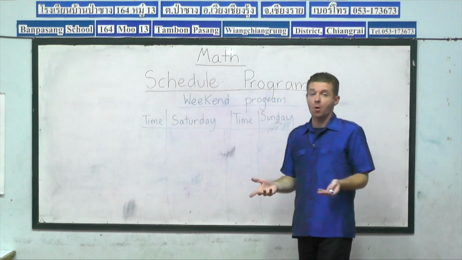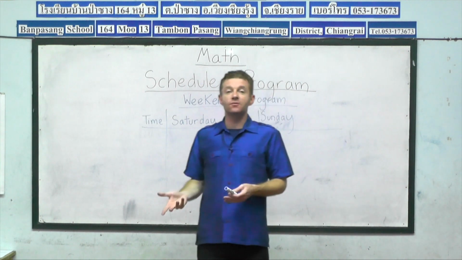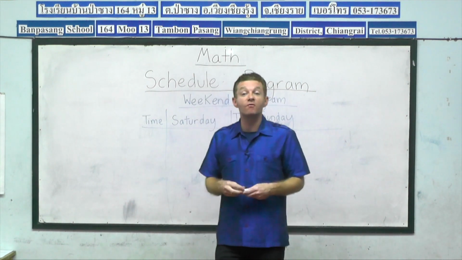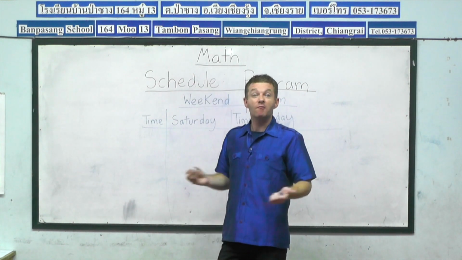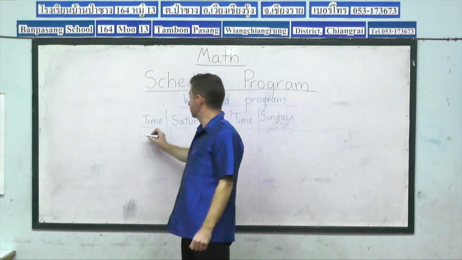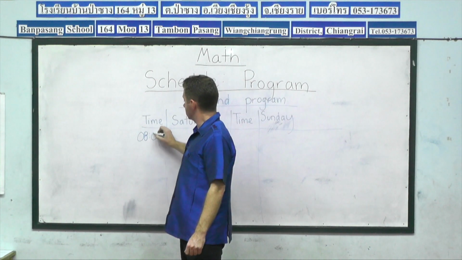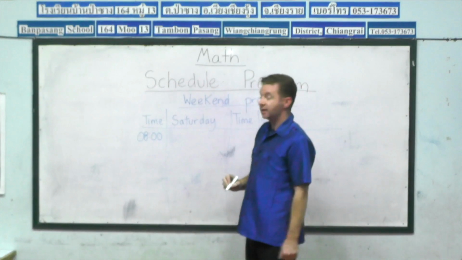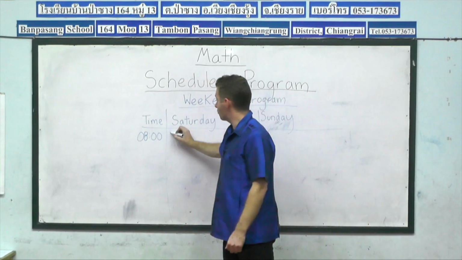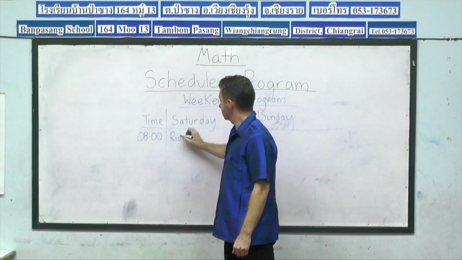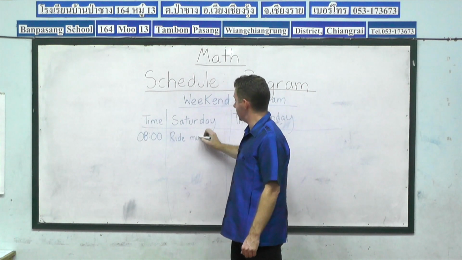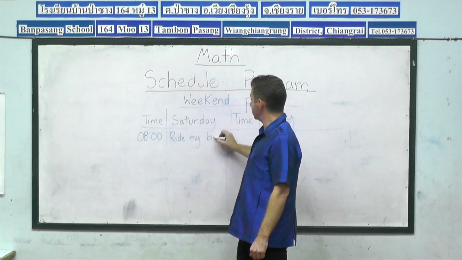And I think tomorrow, being Saturday, what I like to do on a Saturday, I like to go for a bike ride around 8 o'clock in the morning. So I will have 8 o'clock, and then the activity, ride my bicycle.